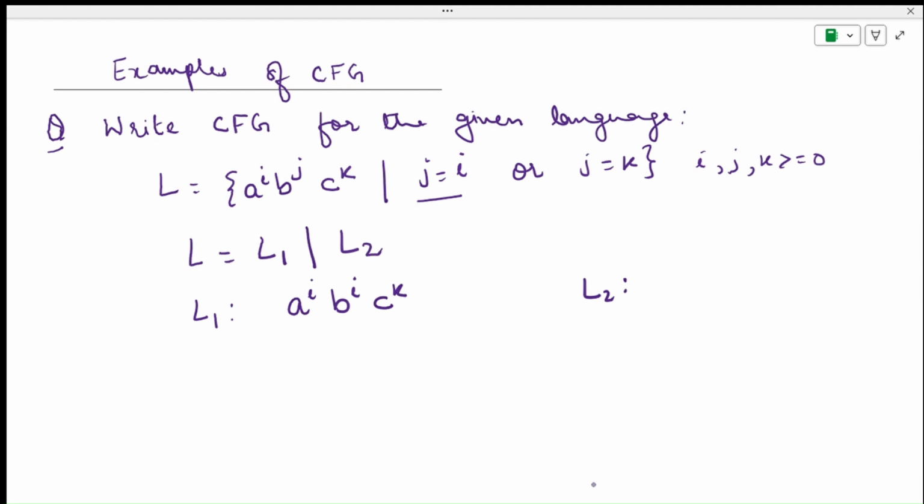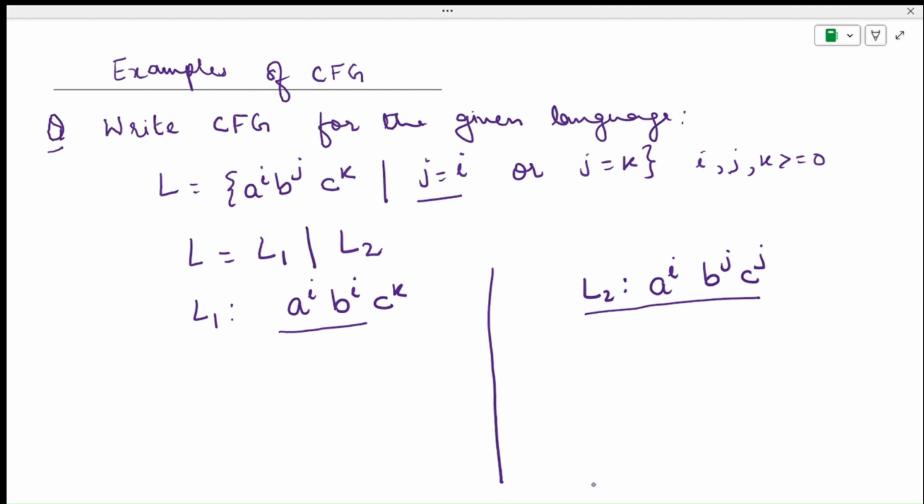So I can write this as a raised to the power i, b raised to the power j, and c raised to the power j. Now we will write the grammar for this and the grammar for this. See the grammar for L1. We know that the number of A's and the number of B's has to be the same.